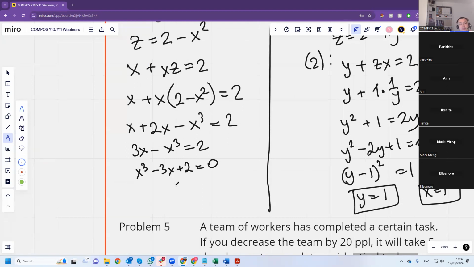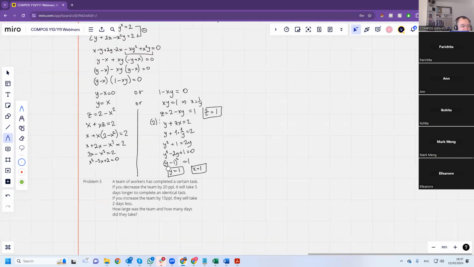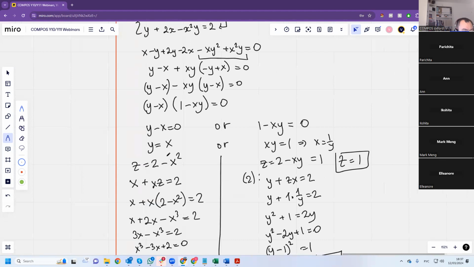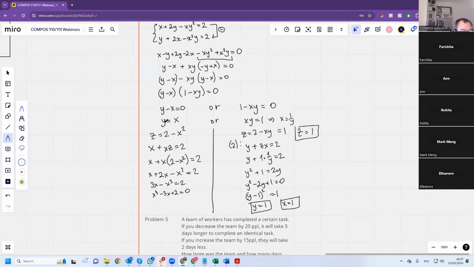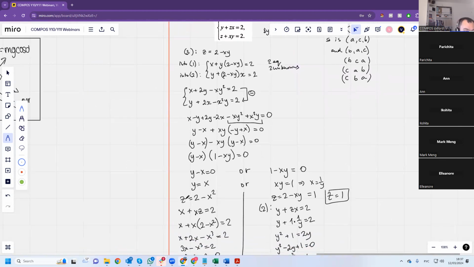Okay, to solve this, you need to know how to solve cubic equations. Let's be creative here. What I did is I found that y equals x. I substituted that into the third equation.